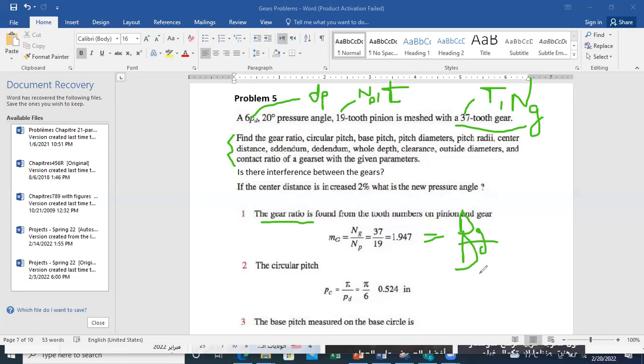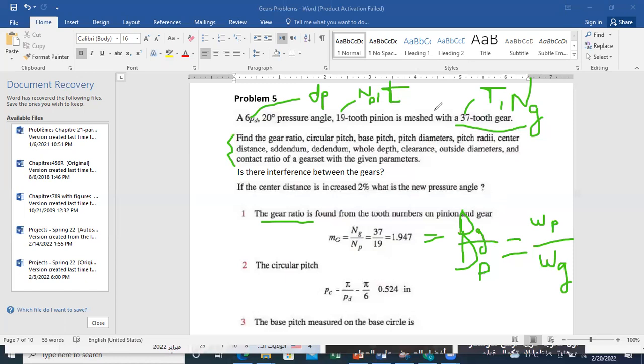And also it's equal to the ratio of angular velocities, so omega pinion over omega gear. So whenever you have both angular velocities or both diameters or both number of teeth, you can determine the gear ratio and you can deduce a relation between the other parameters.